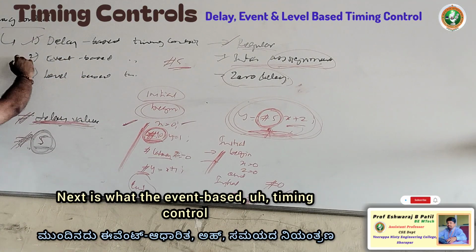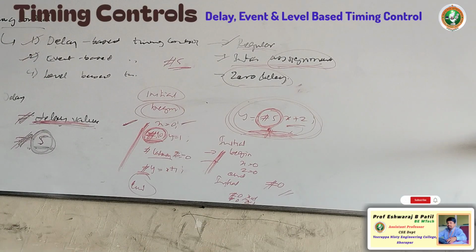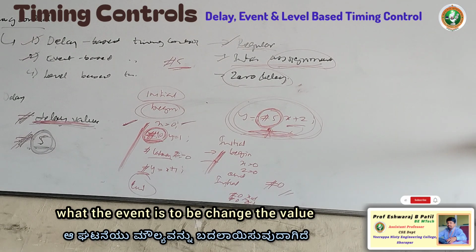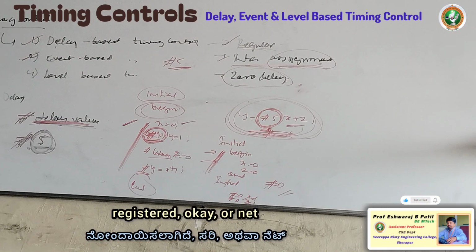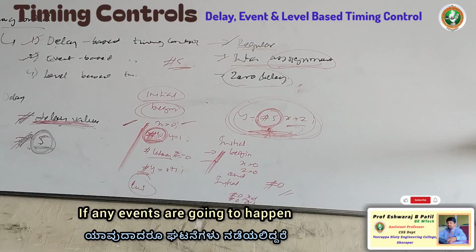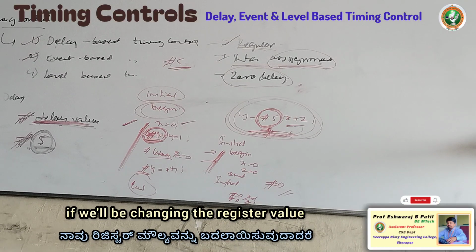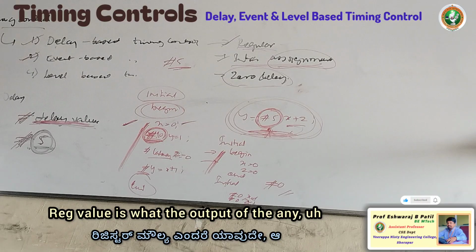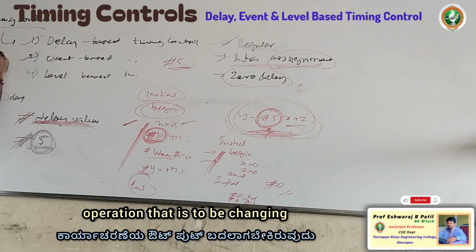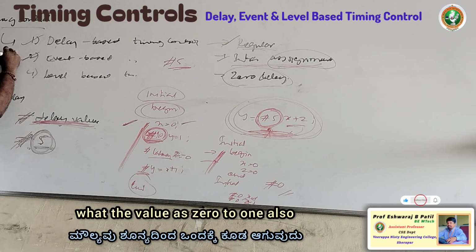Next is the event based timing control. Event based timing control is where an event changes the value of a register or net. If any event is going to happen, then for that event we will be changing the register value. The reg value is the output of an operation, changing the value from 0 to 1 for example.